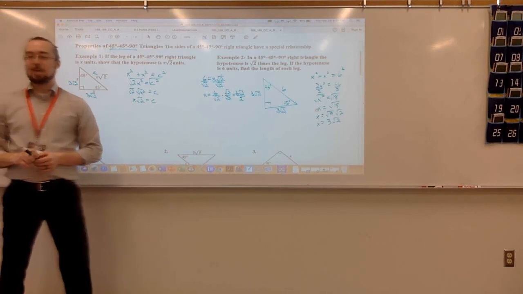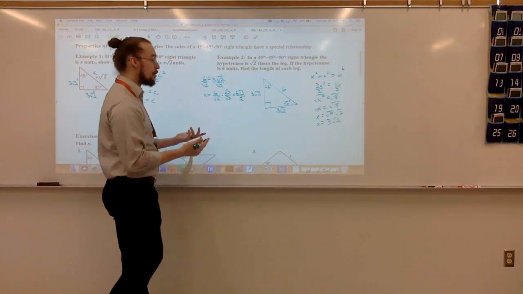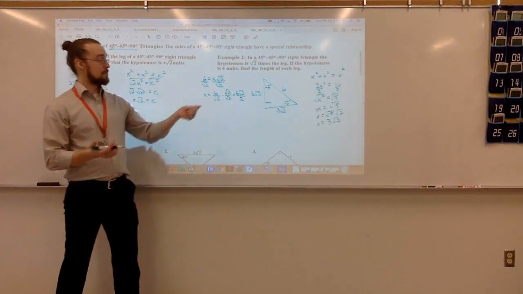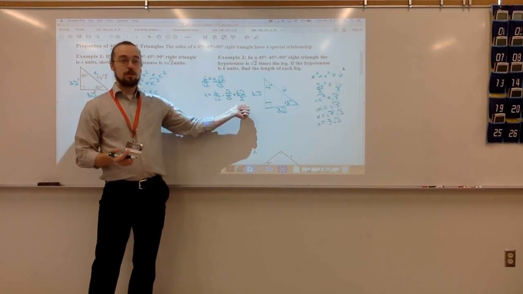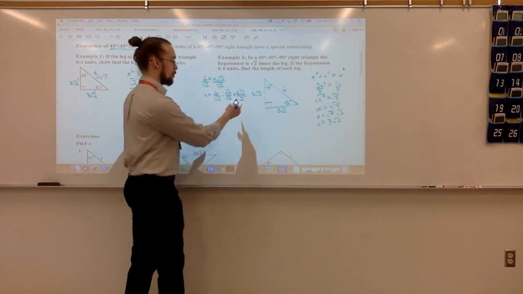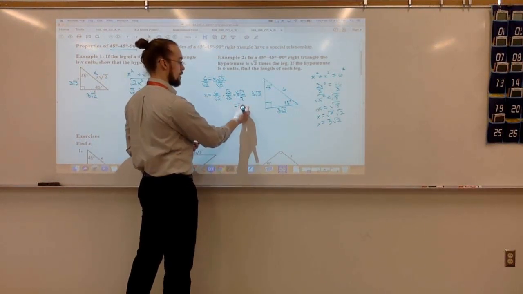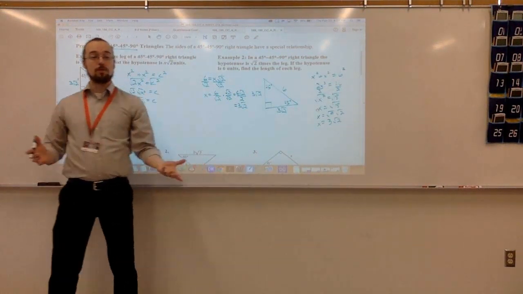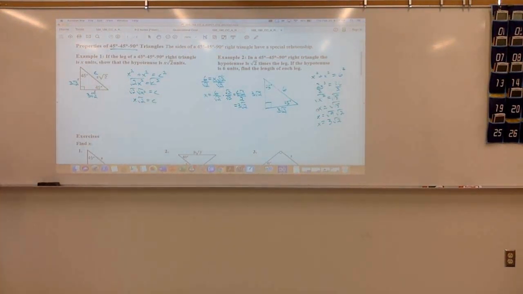Just an inverse operation. And then finally, I can reduce this fraction. So 6 over 2 is just 3. So this becomes 3 times the square root of 2, which is what we found doing it a long way using the Pythagorean theorem.